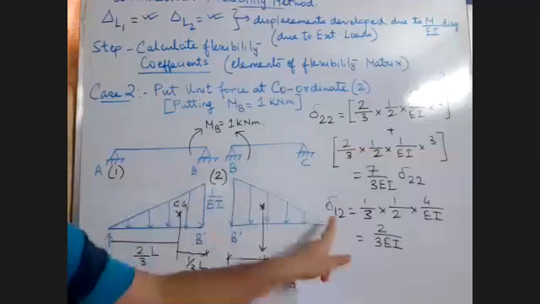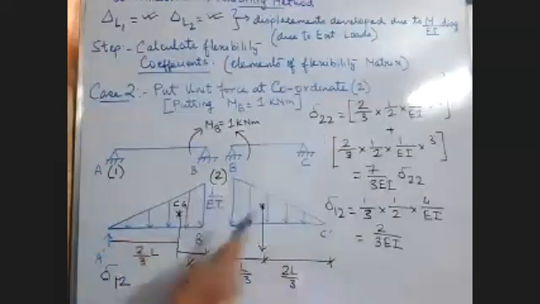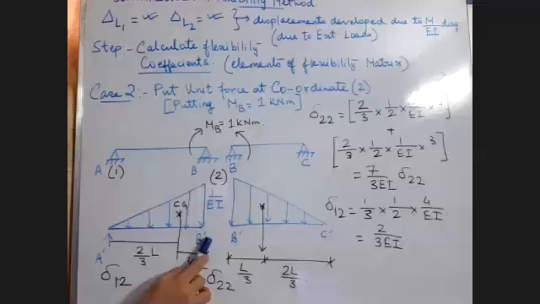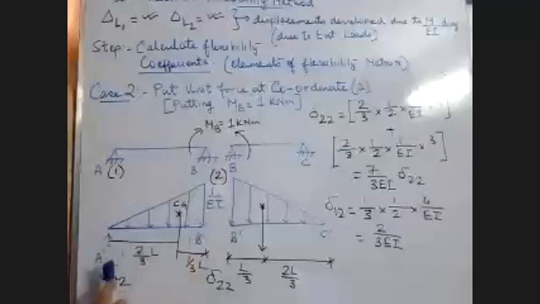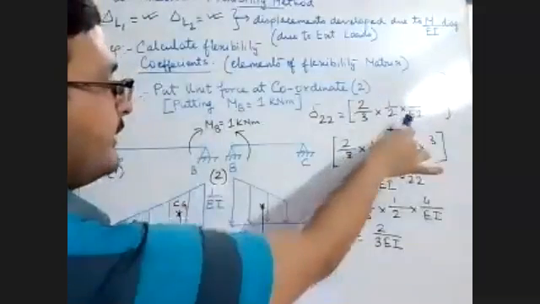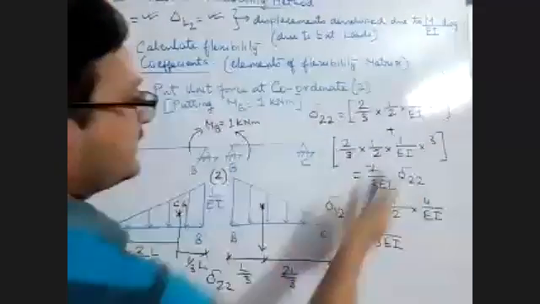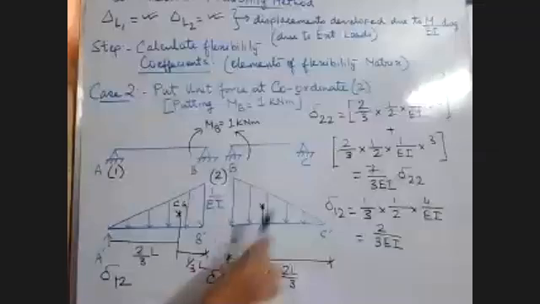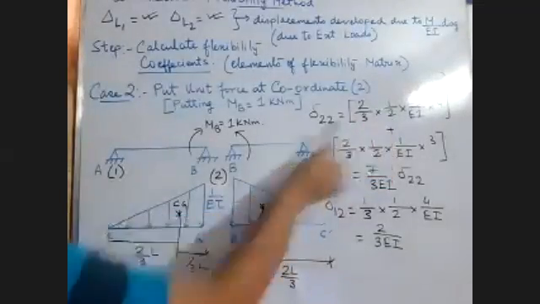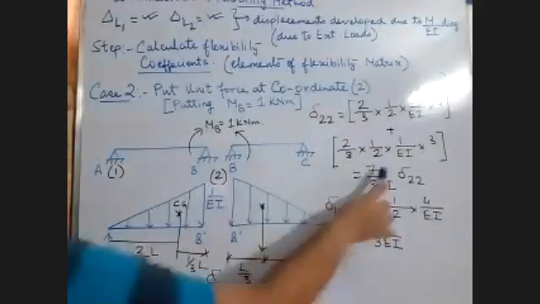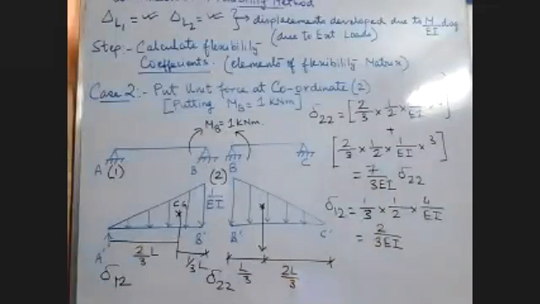Delta 2,2 and delta C. For delta 2,2 at this end, B is the right side, so the left side is 2/3, so 2/3 of the area of the triangle, plus the B side is the left side, so for the right side I will take the distance of the right side. This portion is for this diagram, and this portion is for this diagram. Copy this down, then I will go for the next step.